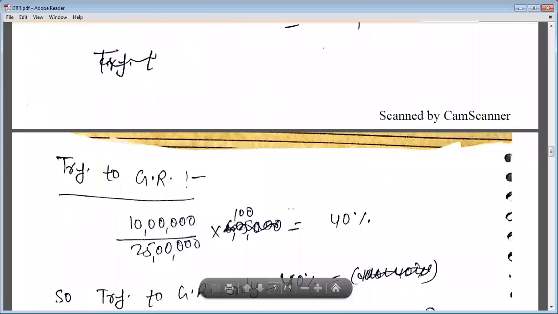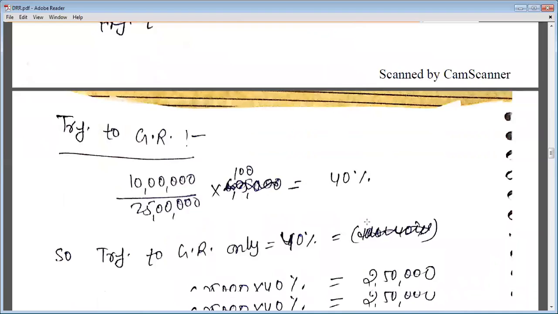So what is the ratio? 40%. That means 40% of debentures have been redeemed. So now we have to keep DRR for the 60% amount, because 40% is already redeemed. Now the amount equal to 40% is not mandatory to maintain in DRR account.